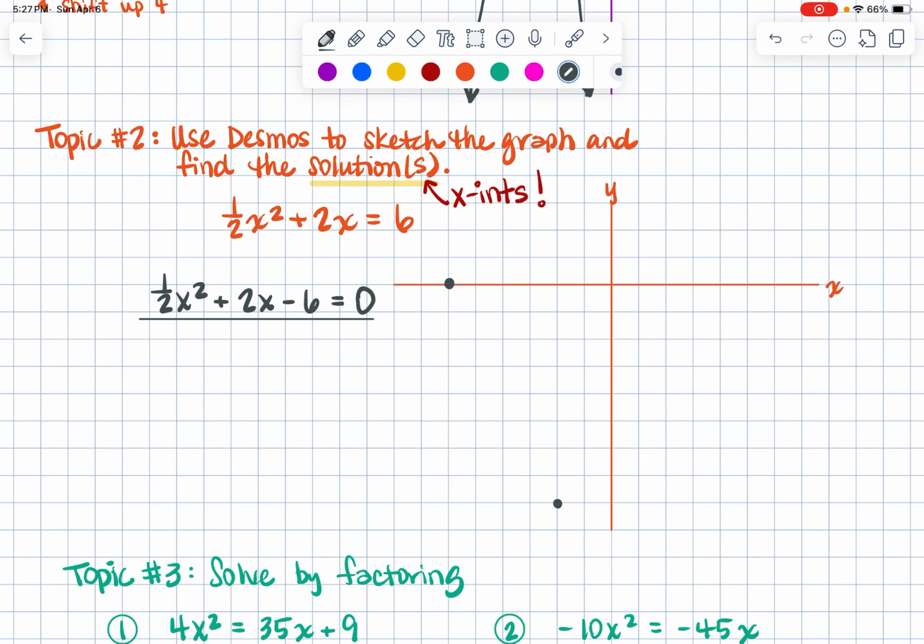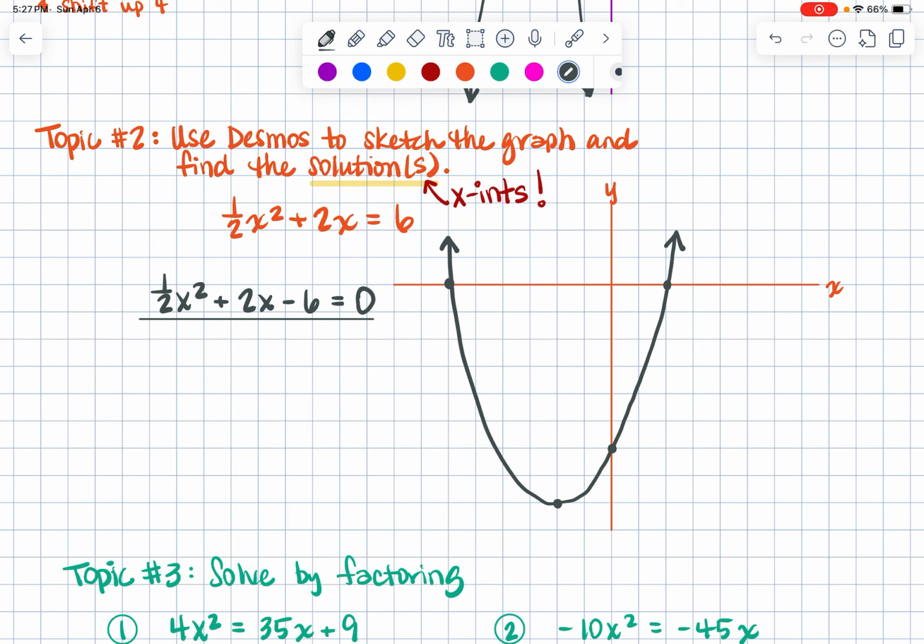We just don't want to slap something down on our paper and it not be accurate. And then 2, 0. So these were the 4 points that Desmos gave me, right? And it gave me the -2, -8 because that's the vertex. All right, so it looks like this. And then it also gave me the y-intercept. And then, of course, it gave me the 2 x-intercepts.